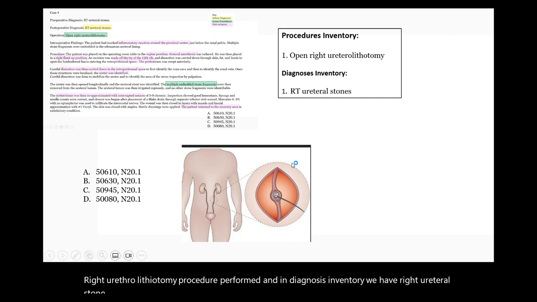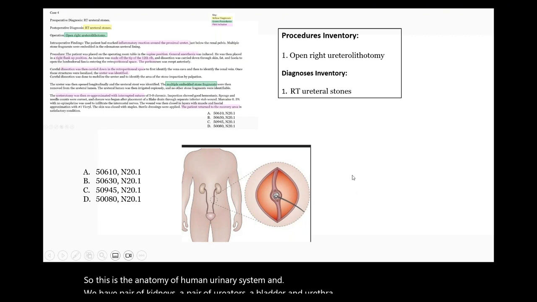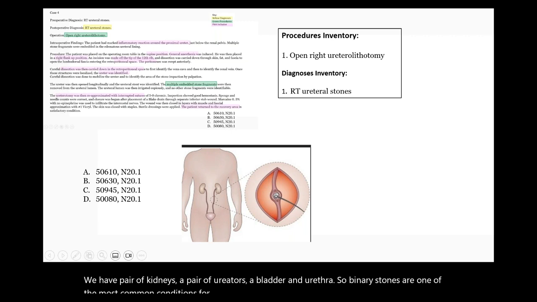So this is the anatomy of human urinary system. And we have a pair of kidneys, a pair of ureters, a bladder, and urethra. Urinary stones are one of the most common conditions for which patients will come to the urology department of a hospital or clinic. So what are urinary stones?